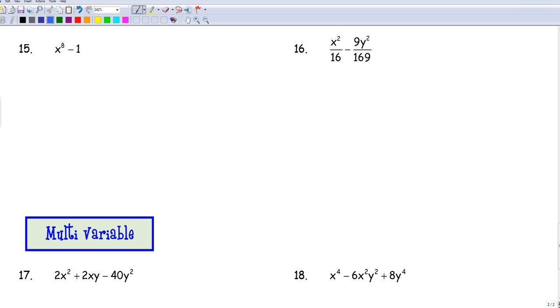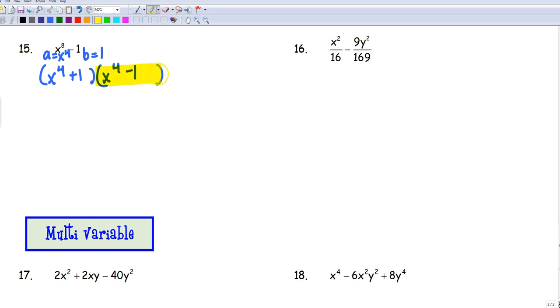All right, number 15. This is a difference of squares because x to the 8th can be broken down in pairs. So your a value would be x to the 4th, and your b value would be 1. So x to the 4th plus 1, x to the 4th minus 1.